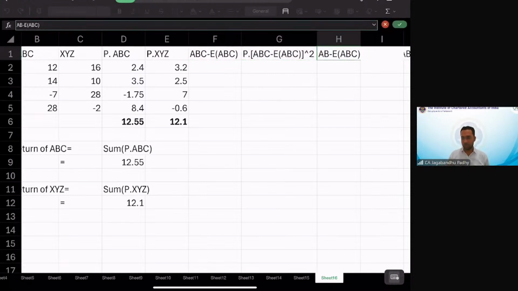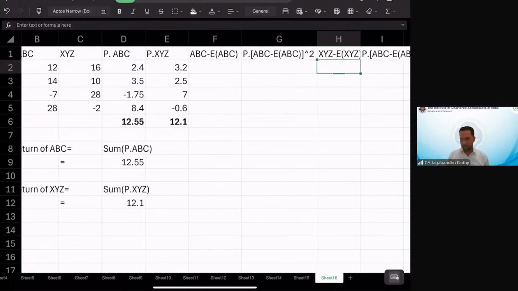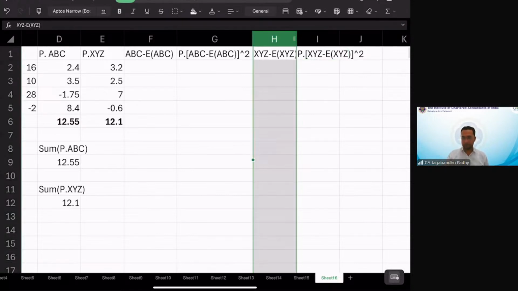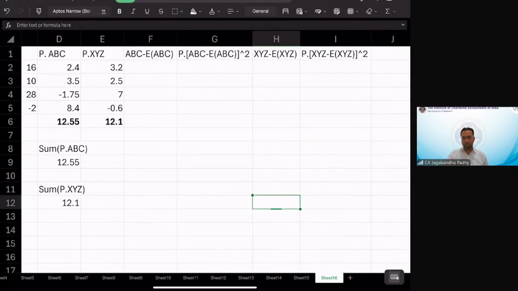This is going to be XYZ minus expected value of XYZ, probability times XYZ minus expected value of XYZ, squared.